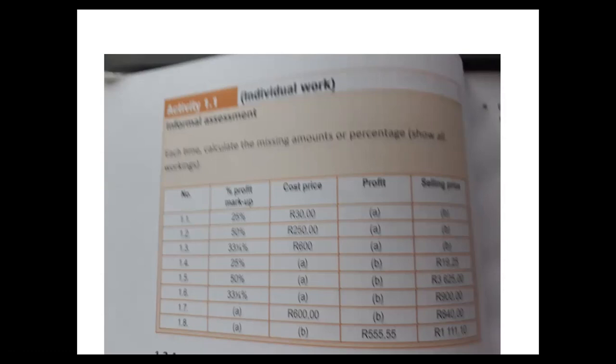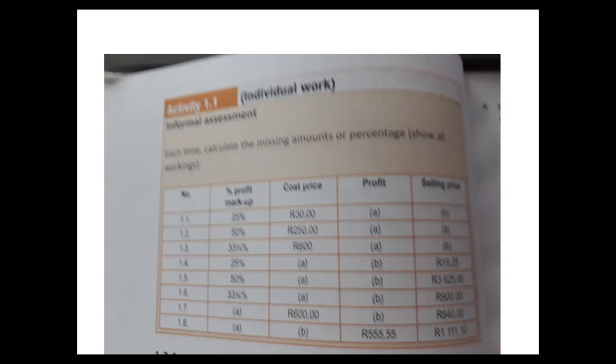Right, at 1.8, also a very strange one. There they give you the profit amount of 555 Rand 55 cents, and they give you the selling price of 1,111 Rand 10 cents. What I will do is I will first go and calculate the profit percentage here.